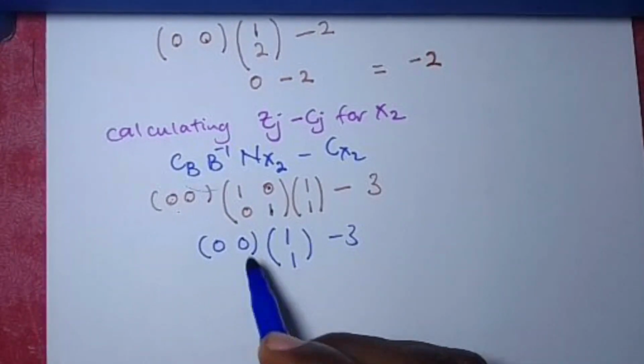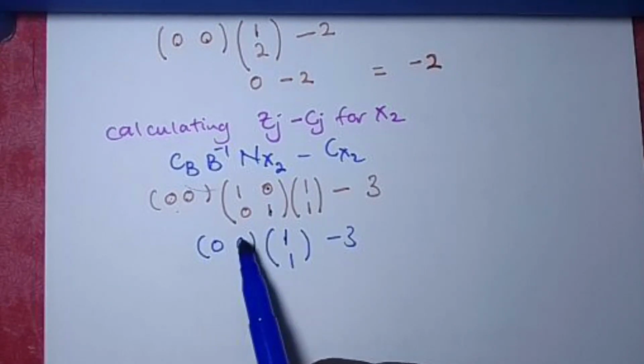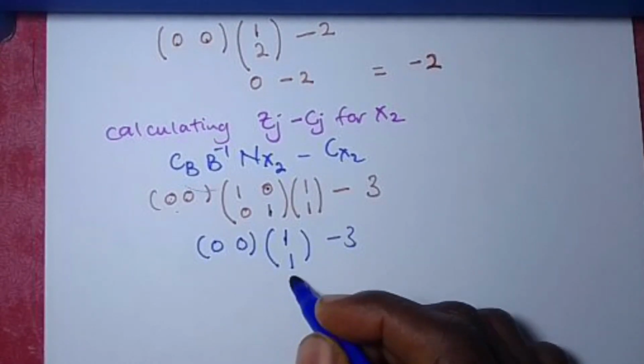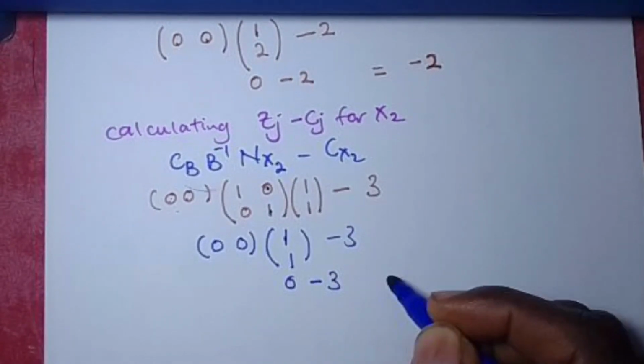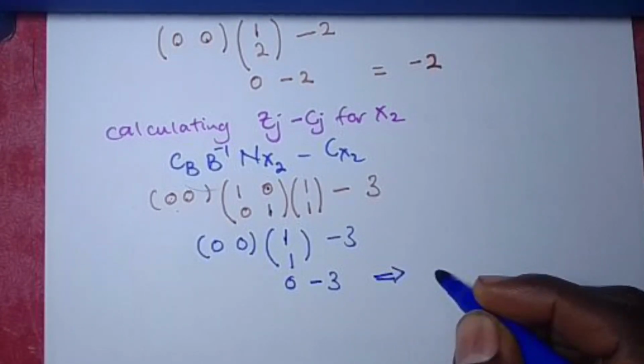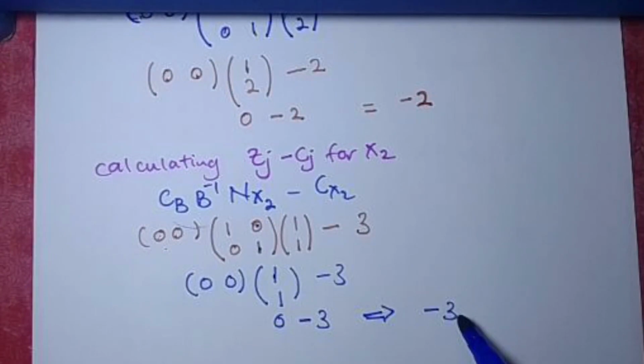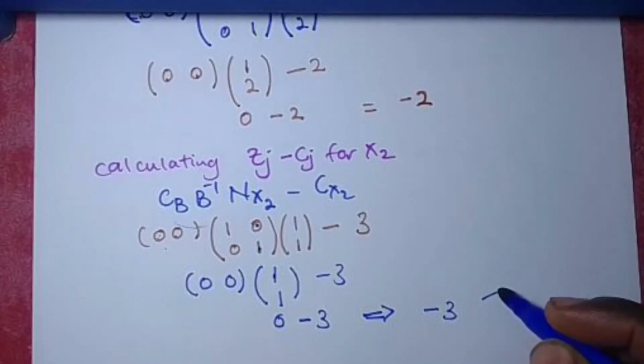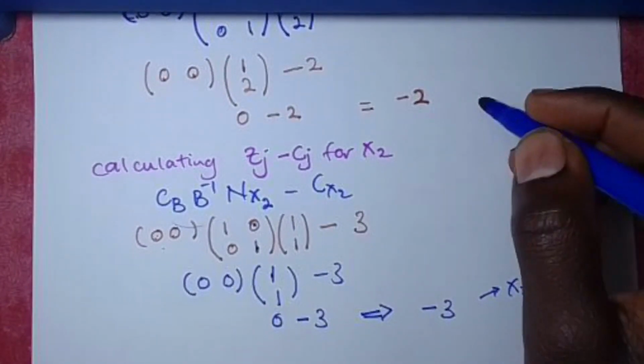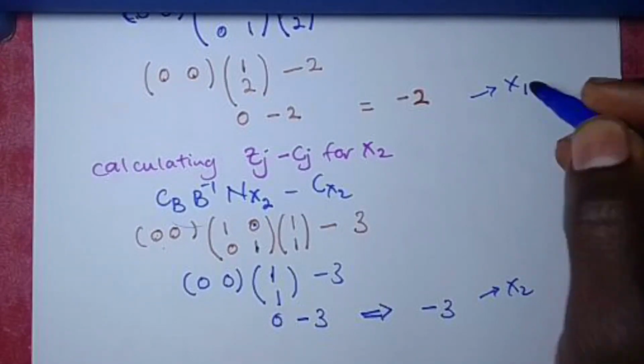So simply, 0 times that is 0, plus 0 times that, which is a 0. So we shall remain with 0 minus 3, which is going to give us a negative 3. So this is the value for x2, and this is for x1.